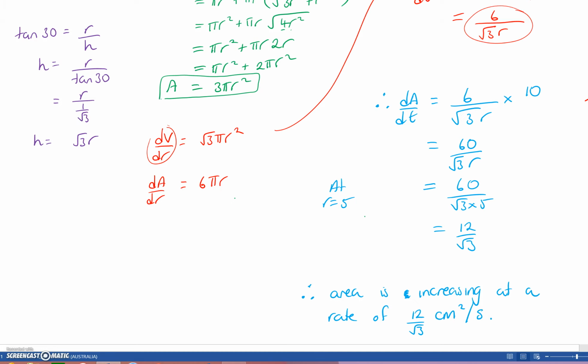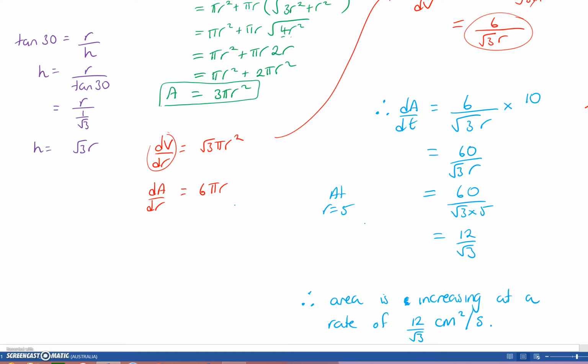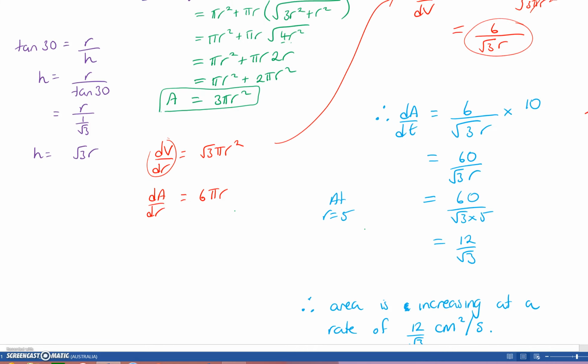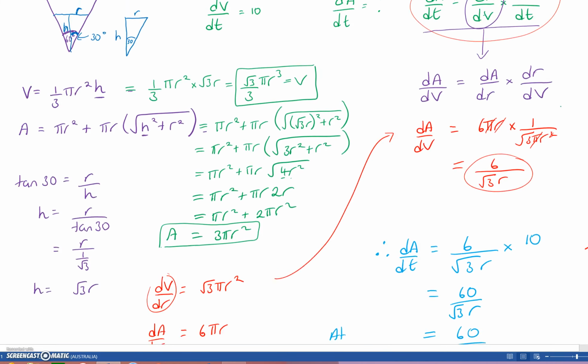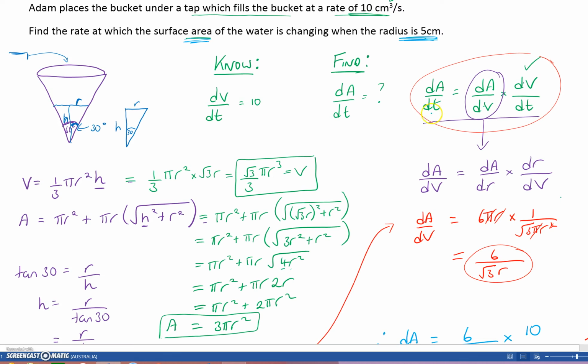So you can see that the actual maths, hopefully, the fact that we had to differentiate two expressions was not difficult. The hardest thing there was the number of steps, because when we set up this original chain rule, we actually didn't have the dA/dV information, and then we had to do a separate chain rule to find our dA/dV using the two rules that we know about cones, one for volume, one for area.